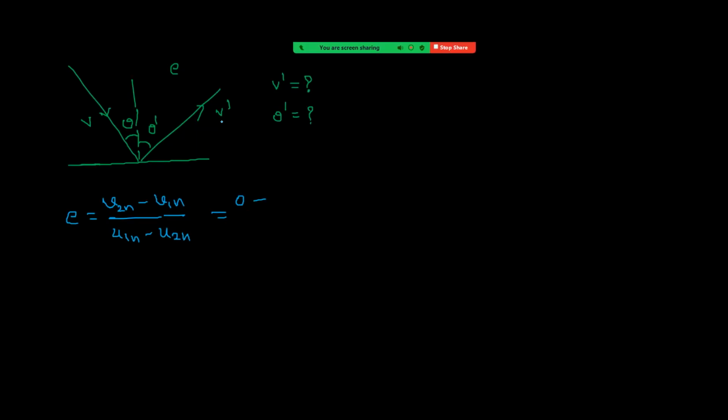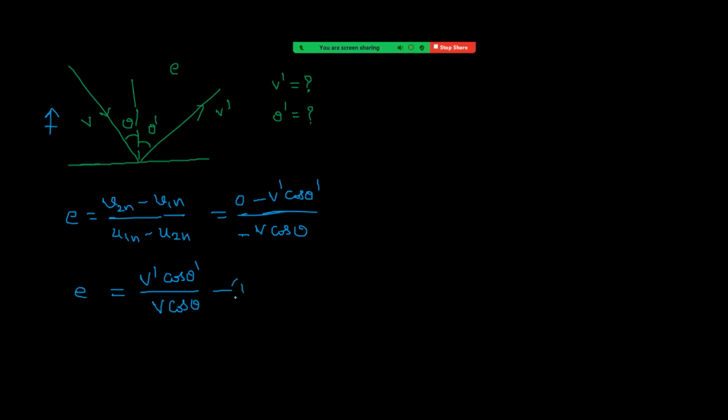This is v dash, right? Let us take a sign convention here. Suppose up is positive, then v dash cos theta dash is positive, upon U1n, that is v cos theta downwards, negative, minus v cos theta. Minus minus gets cancelled. It is now v dash cos theta dash upon v cos theta.